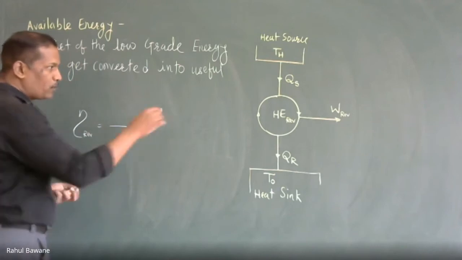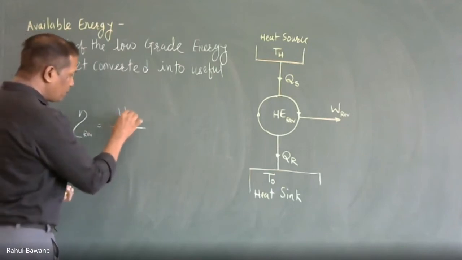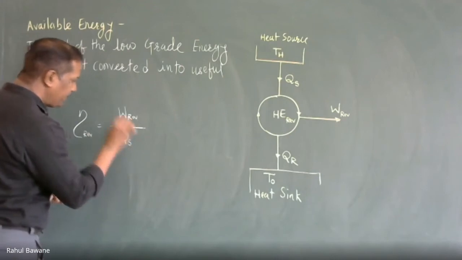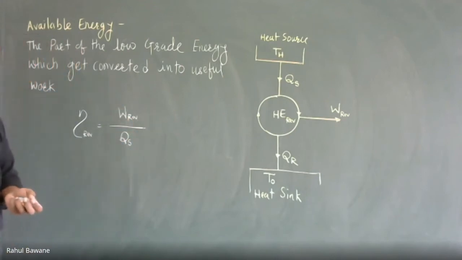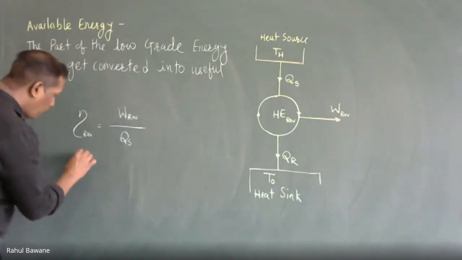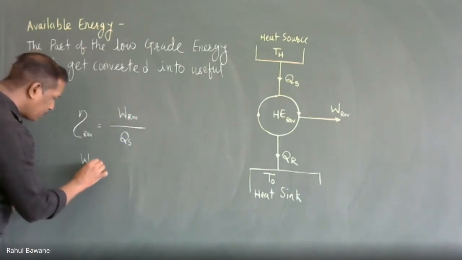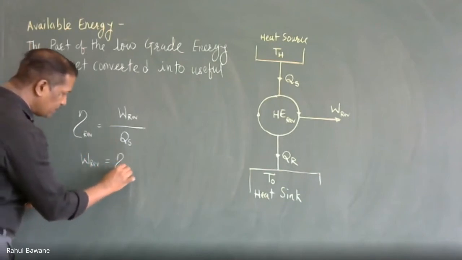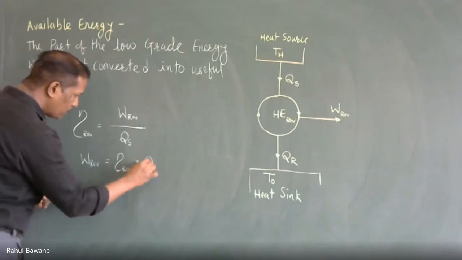What is output? Output is work done. What is input? Input is heat supply. Now, if I am going to calculate how much work is done, it will be efficiency multiplied by total heat supply.